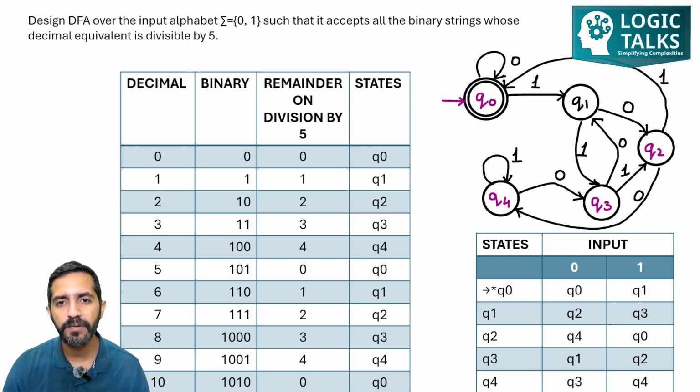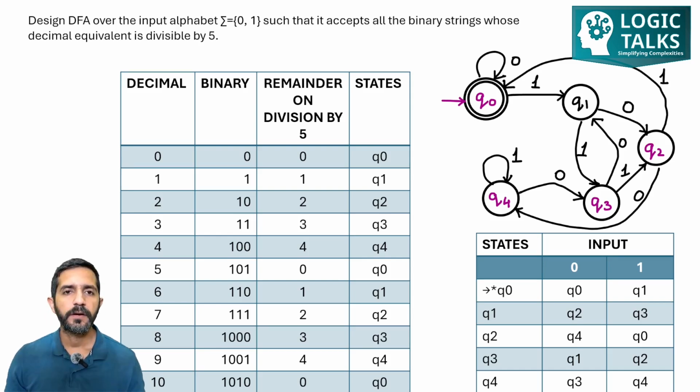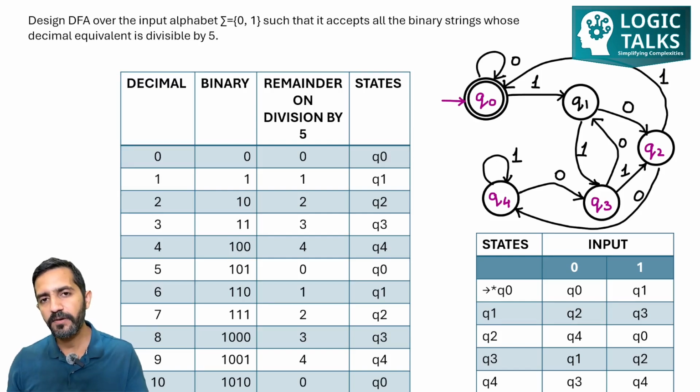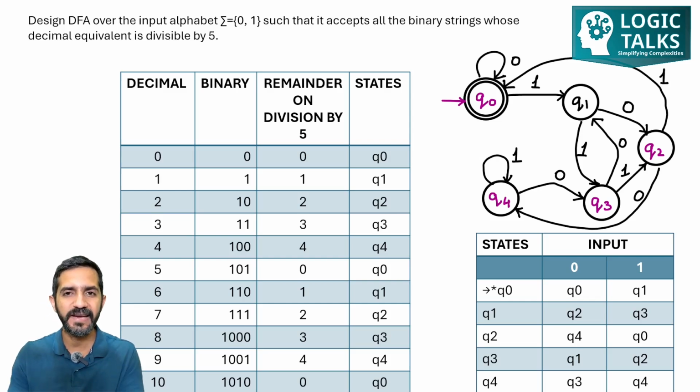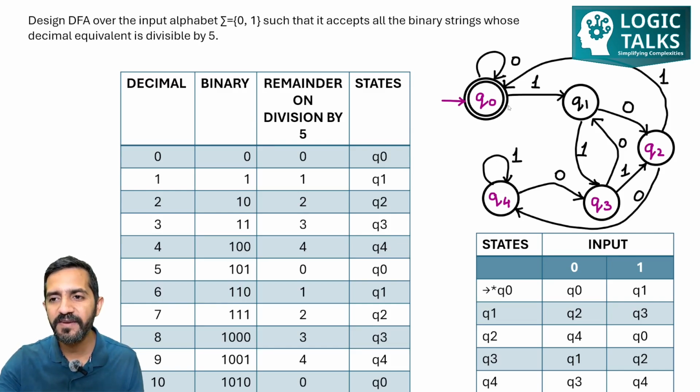But sometimes you will get questions where your DFA should accept all the strings whose binary equivalent decimal, when taken mod 5, gives you 4. In that case, you just have to do a slight modification in this transition diagram: you just need to change the final state to Q4.